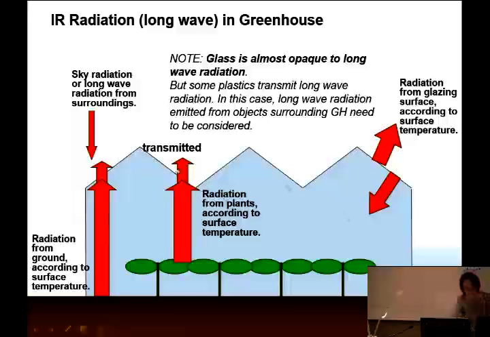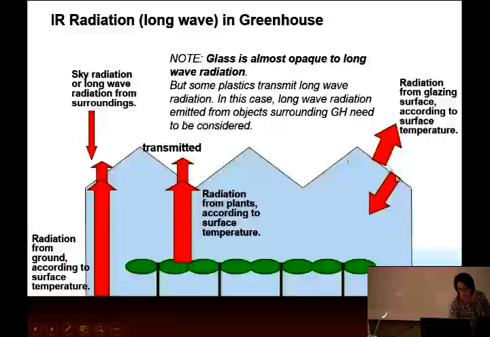A portion of the long wave radiation goes through the glazing, and how much goes through, or is absorbed or reflected, depends on that material, the glazing type or the curtain. Sometimes a thermal curtain provides protection over the long wave radiation, and that's also an important component.